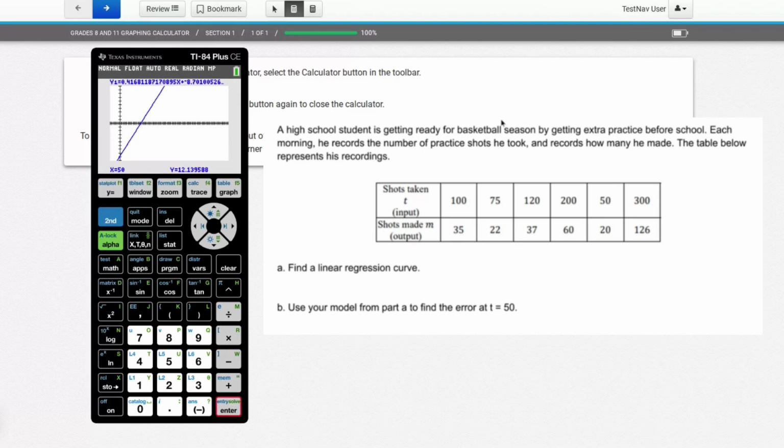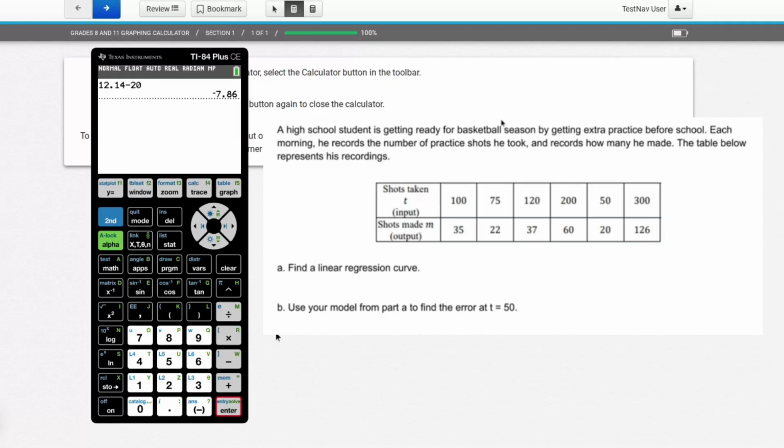So let's go out of here and we'll do predicted, which was 12.140, minus the actual, which is 20. You hit enter, you get negative 0.786.